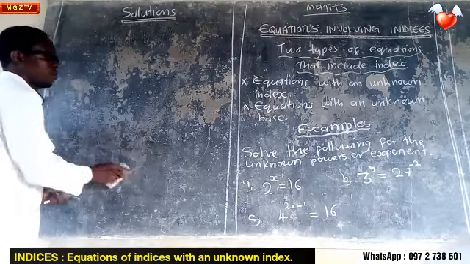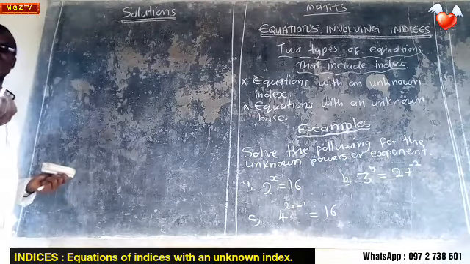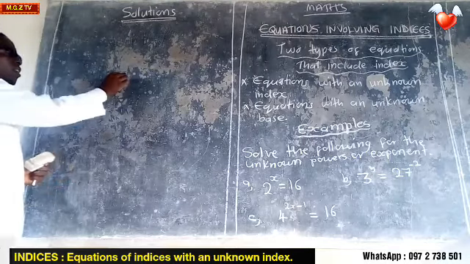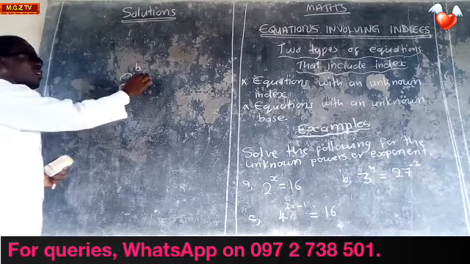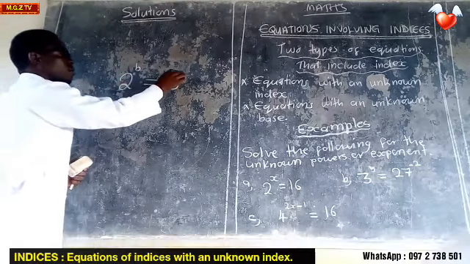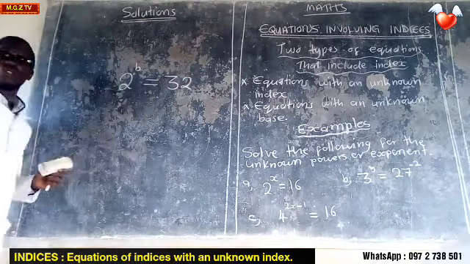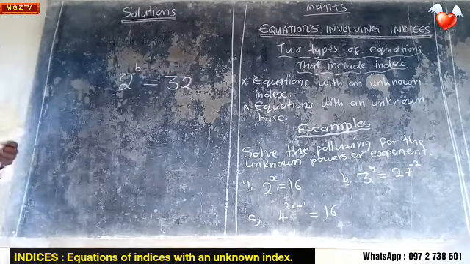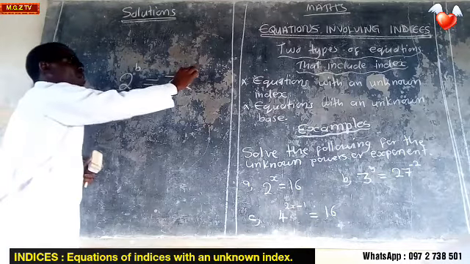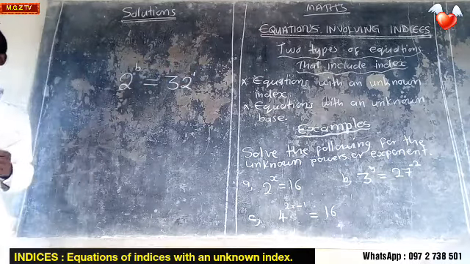Now, here are the steps or the rules of this game. If I have 2 to the power b equals, here I have 32 without a power. So what I will do first is to put a power of 1.